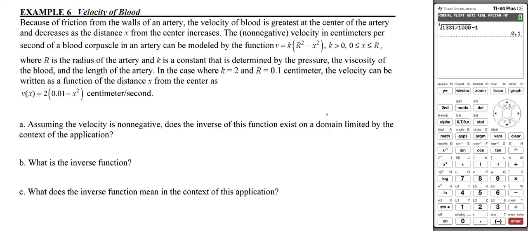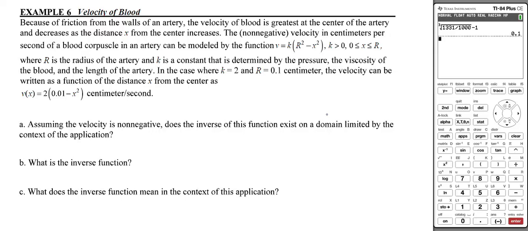The non-negative velocity in centimeters per second of a blood corpuscle in an artery can be modeled by the function v equals k times the quantity r squared minus x squared, with k greater than 0, x between 0 and r inclusive, where r is the radius of the artery and k is a constant that is determined by the pressure, the viscosity of the blood, and the length of the artery.